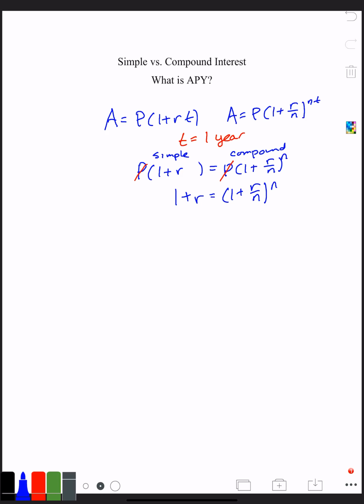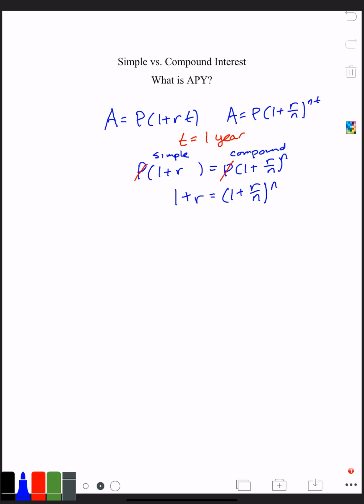Now I do want to point out something here. This is kind of bad of me. The r on both sides of the equation are actually different values. One is the r for simple interest on the left-hand side. The other is r for the compound interest. It's a really bad thing to use the same letter in both cases, but the formulas that we started with had them, and we just need to be careful here.